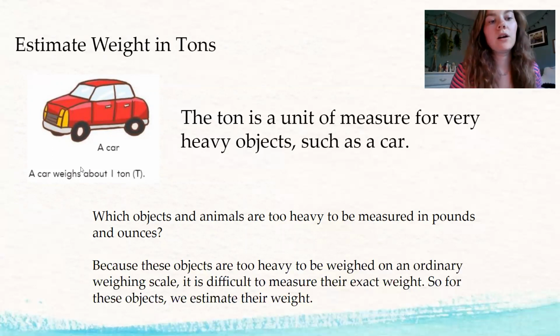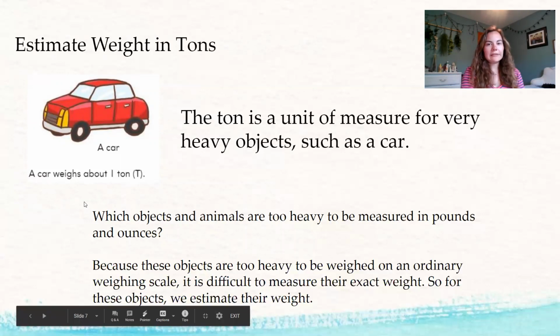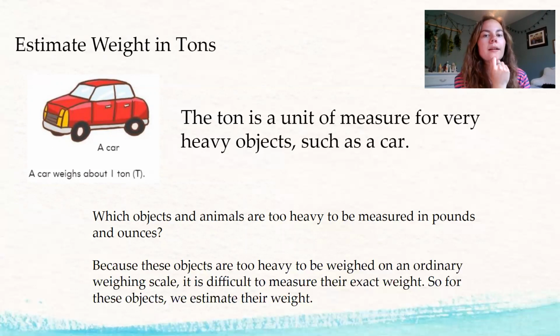So this car, like it says here, a car weighs about 1 ton. That doesn't mean exactly 1 ton. That means it's about, because it's too heavy to know for sure. I wonder if you can think of other things that might weigh a ton. And I know some of you have dogs or cats. I have a dog too, a smaller dog.